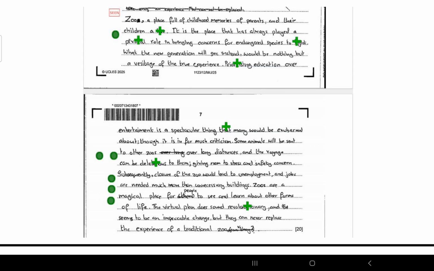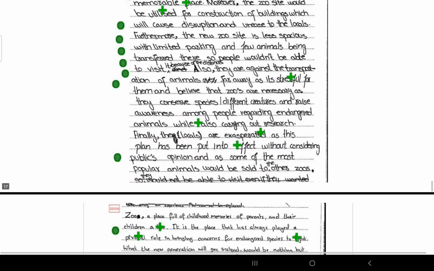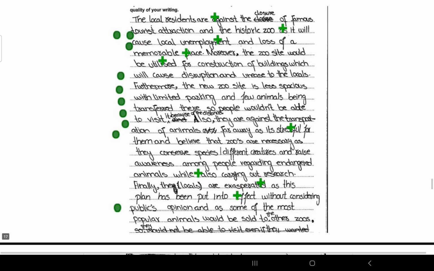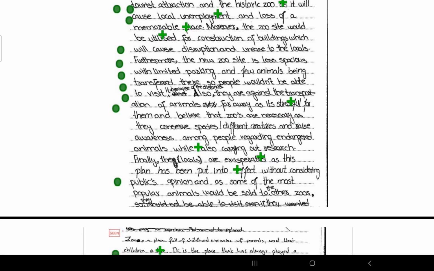So you have to make sure that while you are writing, you select a wide range of ideas. Remember, usually 12 to 13 points are available. Any arguments that have been asked are available there in the text, and they are around 11 to 13.